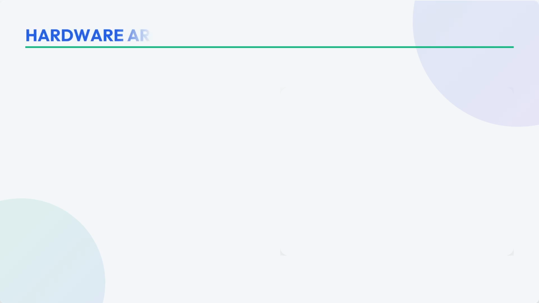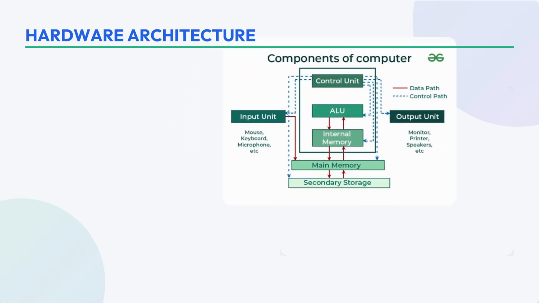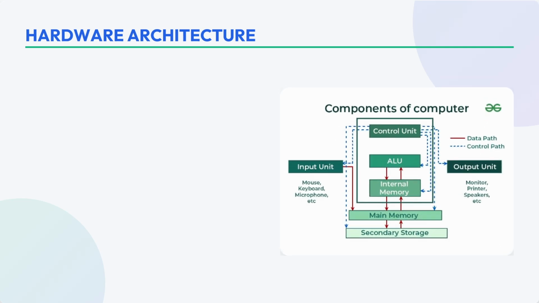Moving on to the next topic, hardware architecture. As we discussed hardware, but what is the architecture or the schema of the hardware, and how is it practically shown in real life? This figure, components of a computer, describes how the hardware's architecture is actually built.